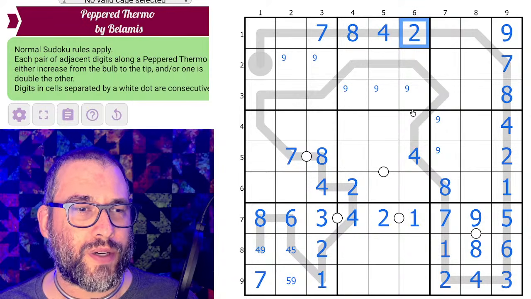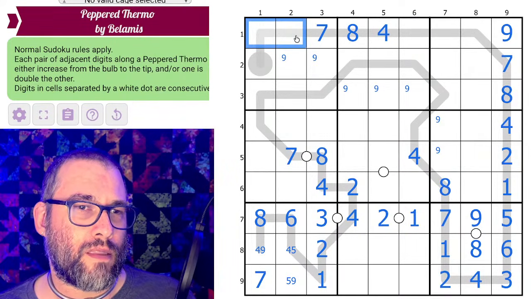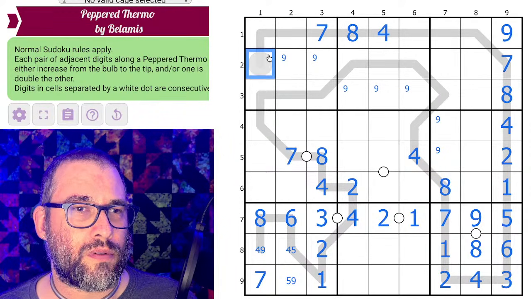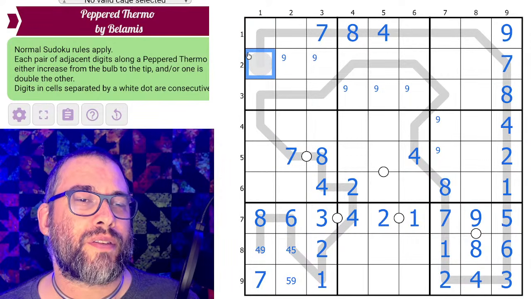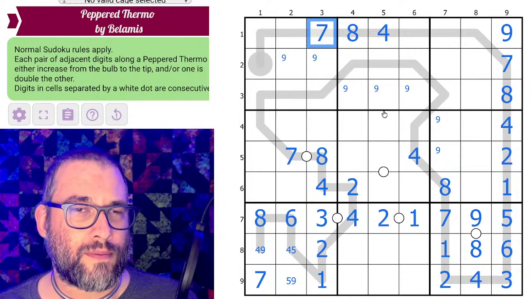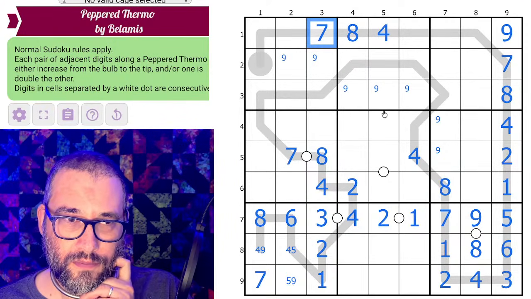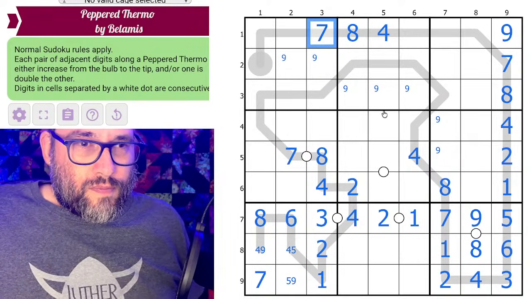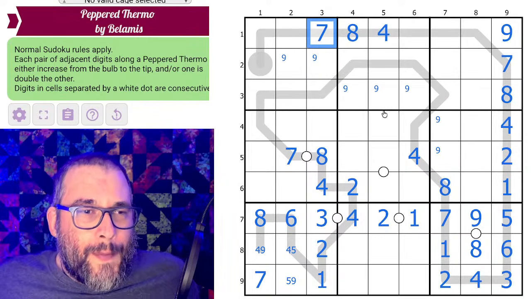Row 1 can't start 1, 2, 7. This can only be a 1 if that's a 2. But this could be a 4 and we go 2, 1, 7. That I buy.